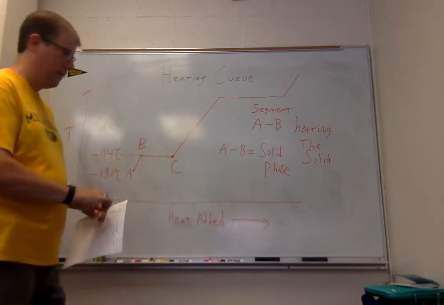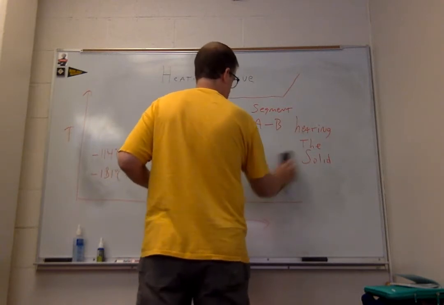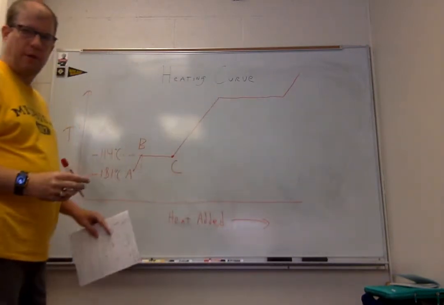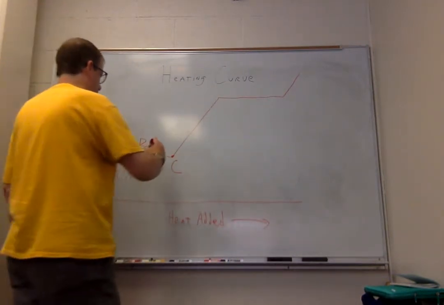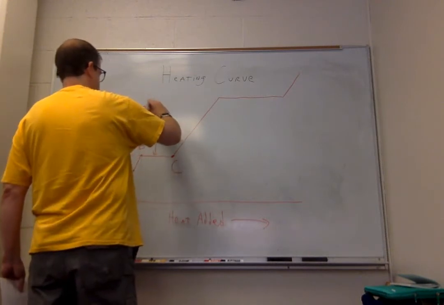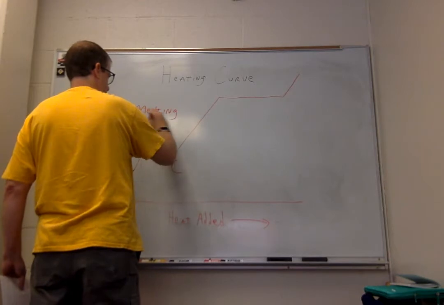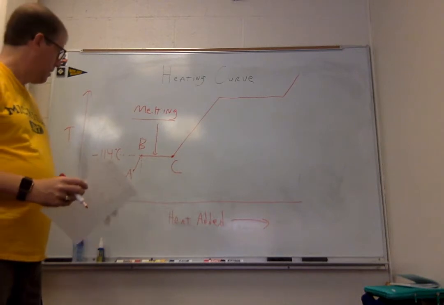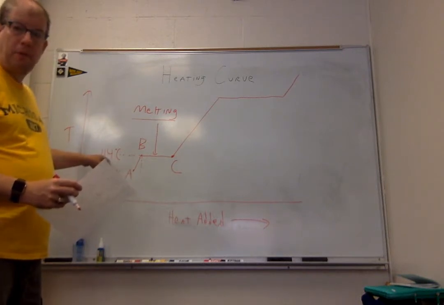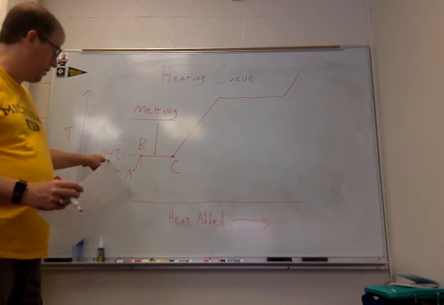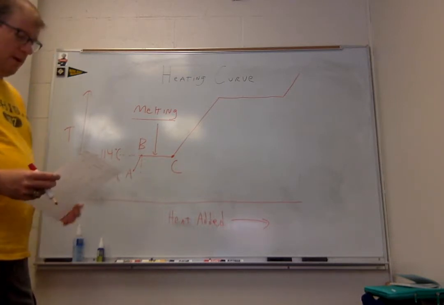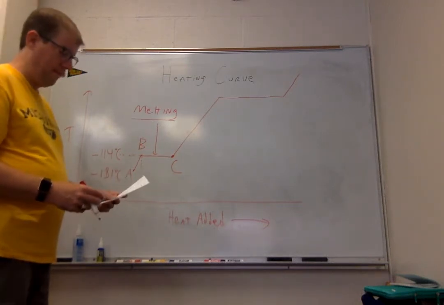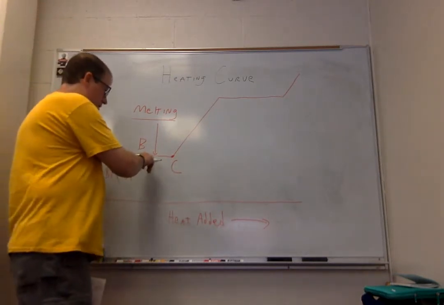So then, what happens here? So note the following, then. This segment right here is melting. So once we reach point B, at whatever pressure this is at, you hit the melting point of ethanol, which is negative 114 degrees C. So to do that, then, what's happening here is you're melting the solid.